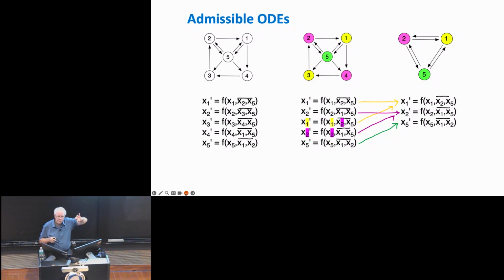So you get a consistent set of 3 equations, which is actually the admissible differential equations for the quotient network. And this is basically a theorem. Furthermore, every admissible equation for the quotient is obtained in this way.